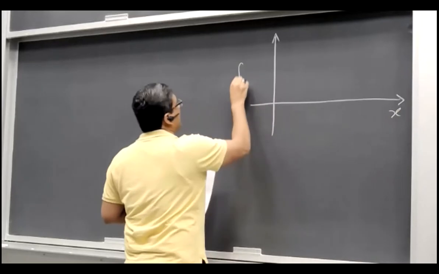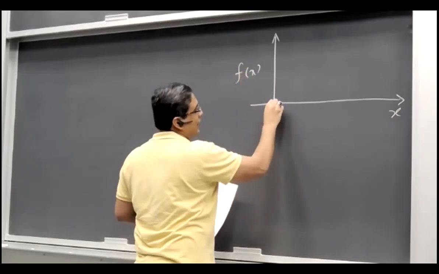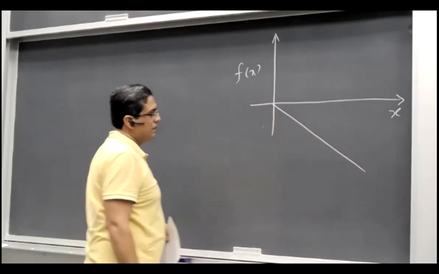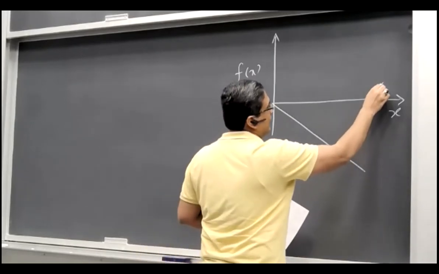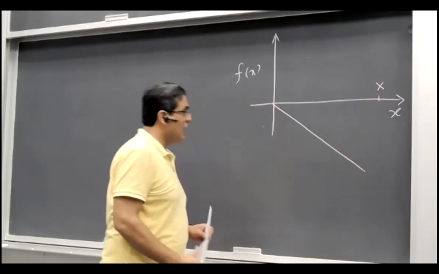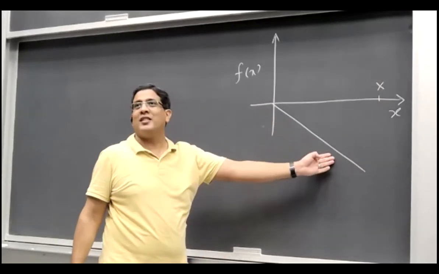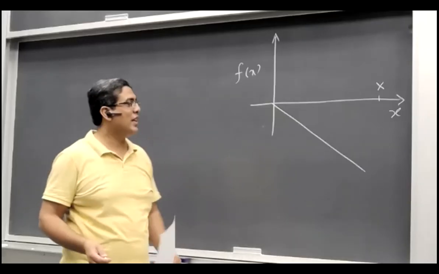X, f of x, and this is the function, up to a point capital X from 0. So which area are we talking about? This is our curve. So area between the x-axis and the curve and the line. Yes. So yes, very good.